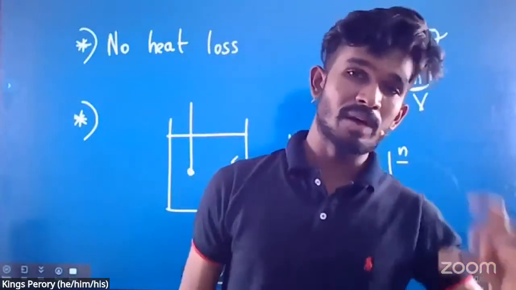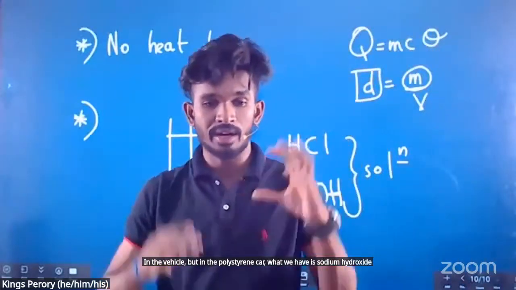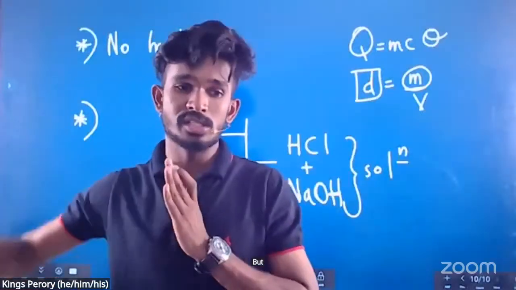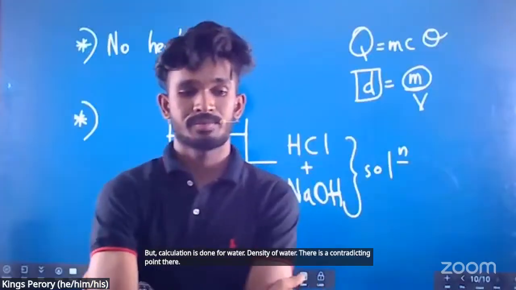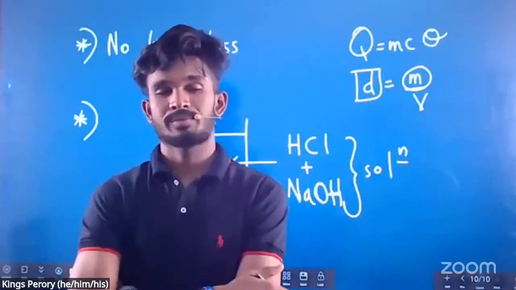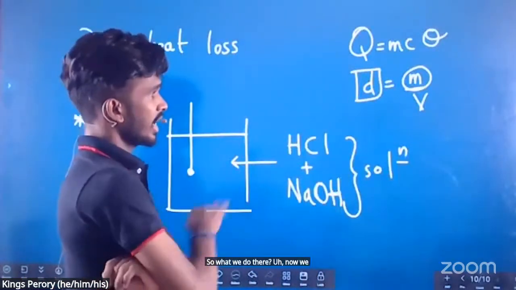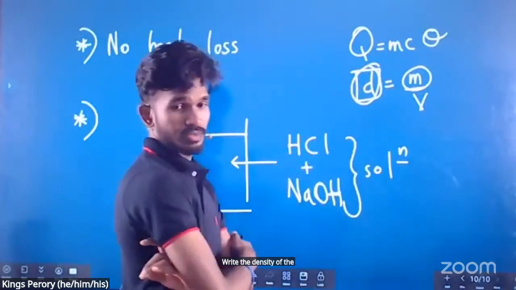In the polystyrene cup, what we have is sodium hydroxide and HCl. Reactants are sodium hydroxide, HCl. But the calculation is done for the density of water. There is a contradicting point there. So what do we do there? Now we will tell the answer: instead of water's density, write the density of the solution.